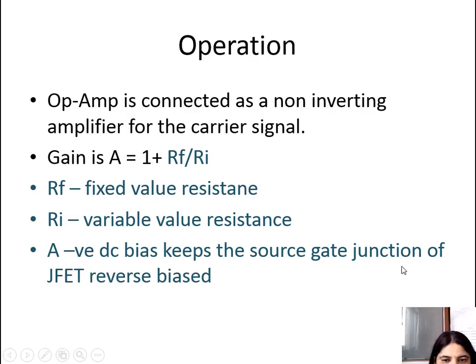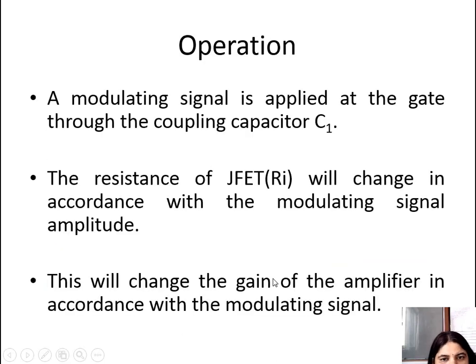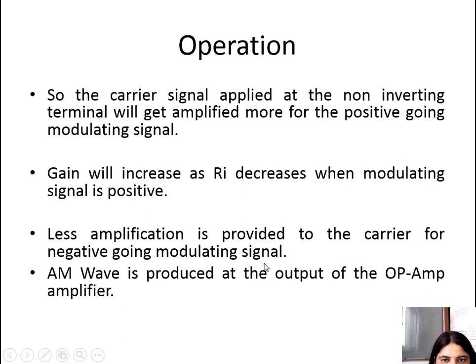Negative DC bias is applied to the JFET. A modulating signal is applied through the coupling capacitor C1. The resistance of the JFET will change in accordance with the modulating signal amplitude, and due to that the gain can also be changed. The carrier signal is applied onto the non-inverting terminal and will get amplified more for the positive going modulating signal.